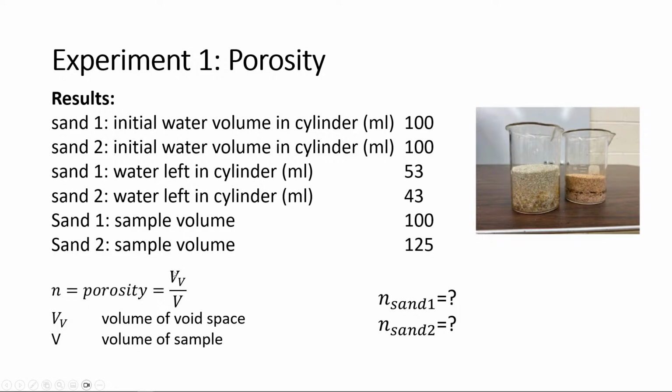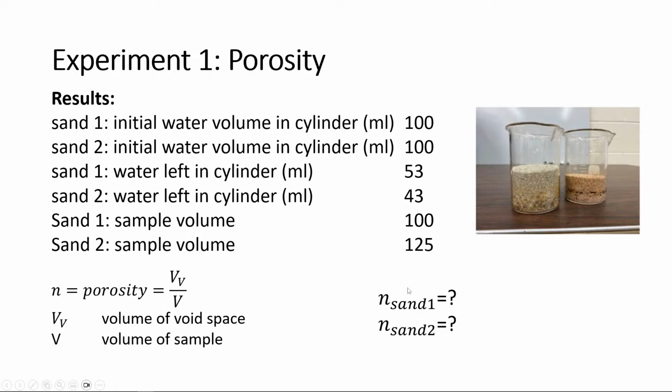So basically, if you did this, try to do this, pause the video and try to do this calculation. The volume of the void space would be the volume of the water, and the volume of the sample.